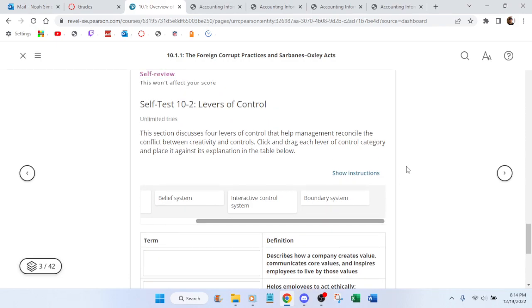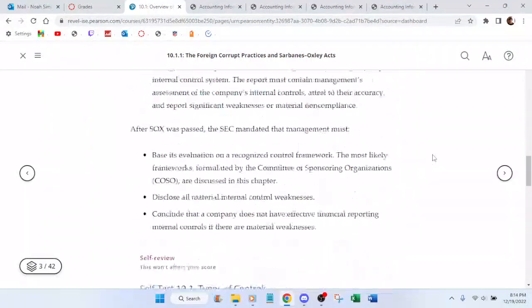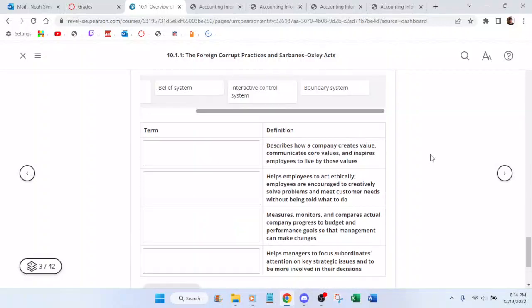Dude, what is this? Where is all this stuff? What? What is all this stuff?